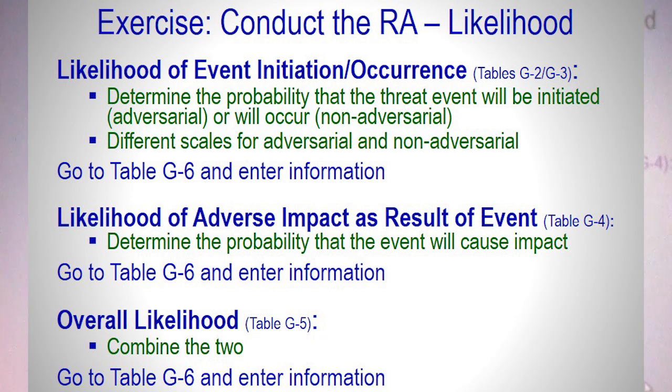Especially if our vulnerability to fire was that we didn't have a fire suppression system in place. So we determine both of those things with respect to the threat events, and then we have a little matrix table that helps us combine those two. So if we said low and high, it's moderate. So we're going to look at those tables now and determine our likelihoods.